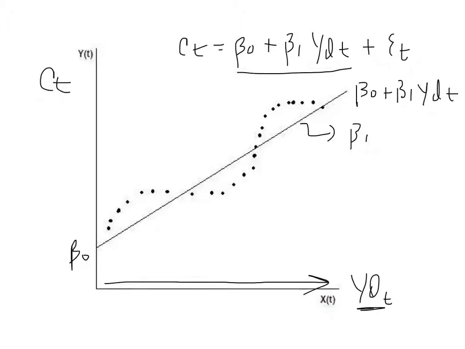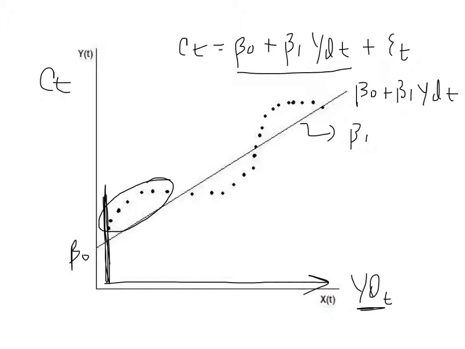But we know that there are other things that could be driving consumption. For example, households are sometimes more optimistic and sometimes more pessimistic based on what they're observing in the world around them. So if we have some good news around this time period, it seems we then follow that with a bunch of consumption values that are above what we would have predicted based on disposable income alone.